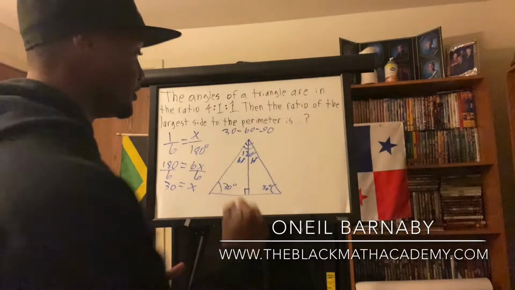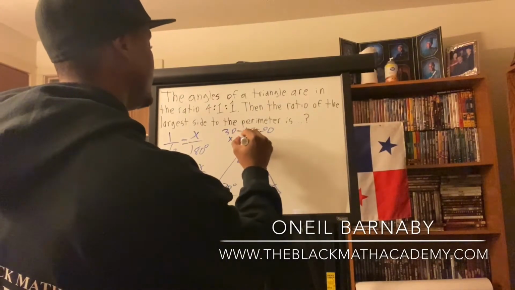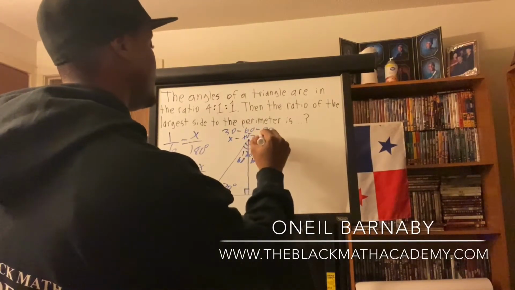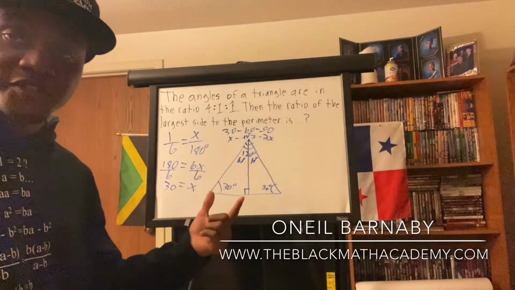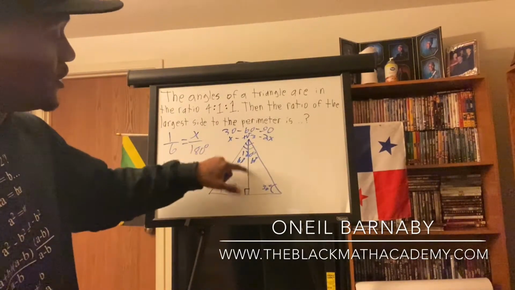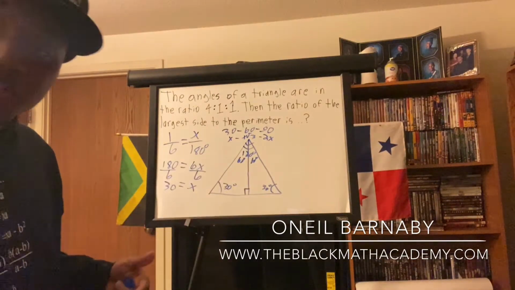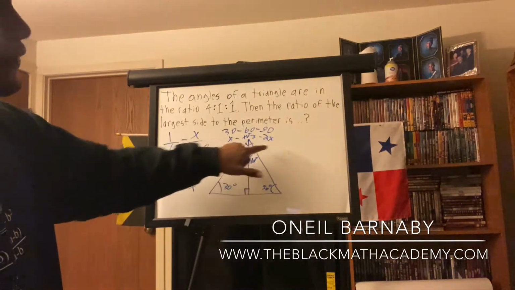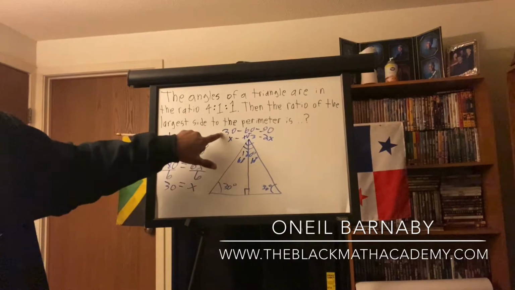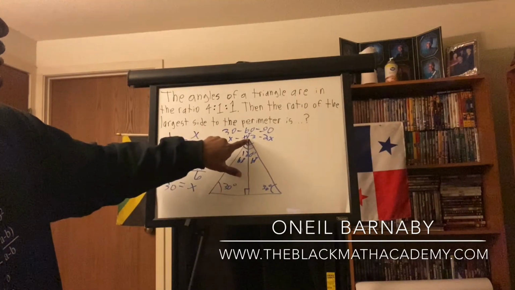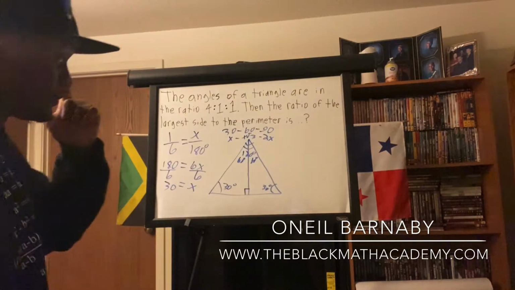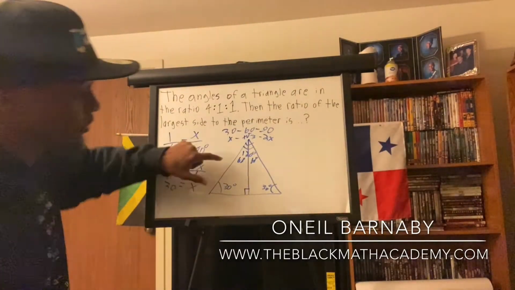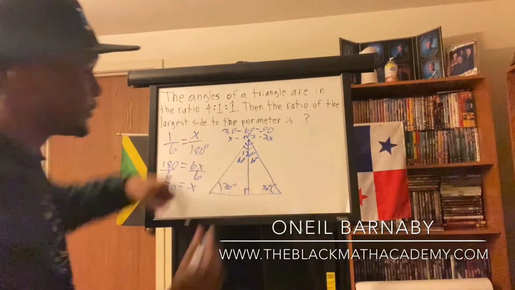The relationship is x, x root 3, and 2x. Those are the values of the three sides of the inner triangle. And the way to remember that is that I put them in order from least to greatest. x is across from the 30, x root 3 is across from the 60, and 2x is across from the 90. So here's 90. Across from that is the 2x.